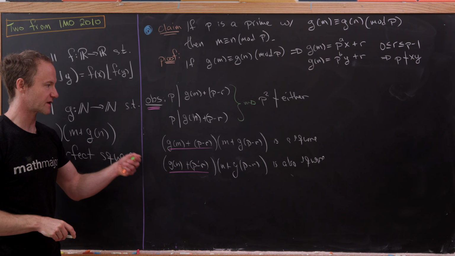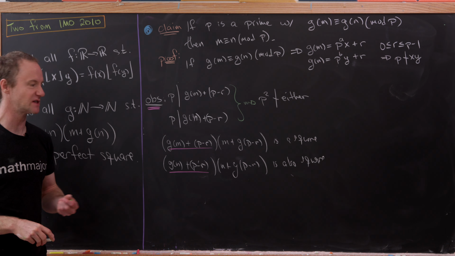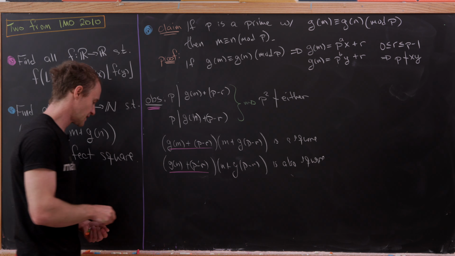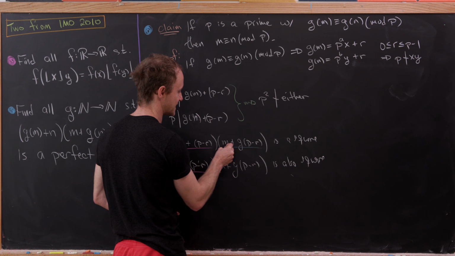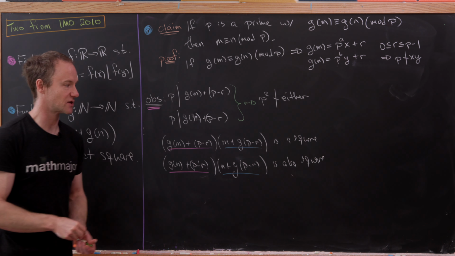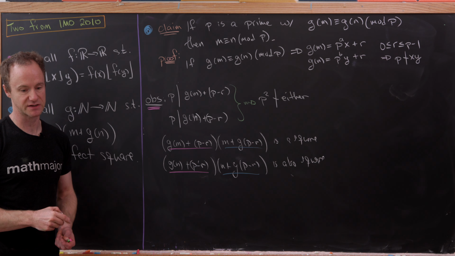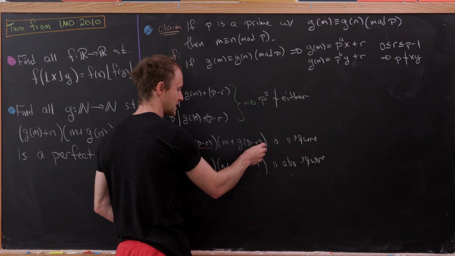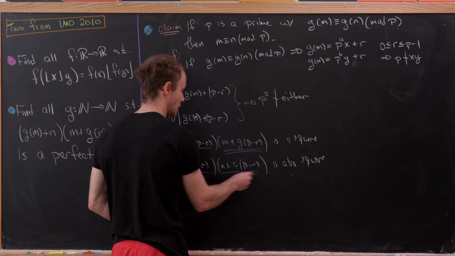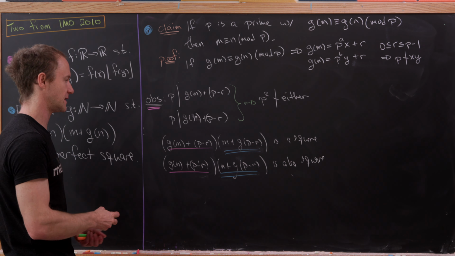But since these are perfect squares that are divisible by p, they must be divisible by p squared. So from that, we see that this leftover bit is also divisible by p squared. From that, we get that this leftover bit is also divisible by p.